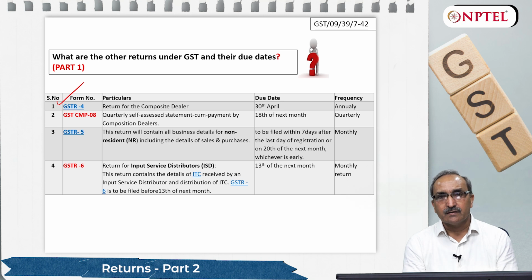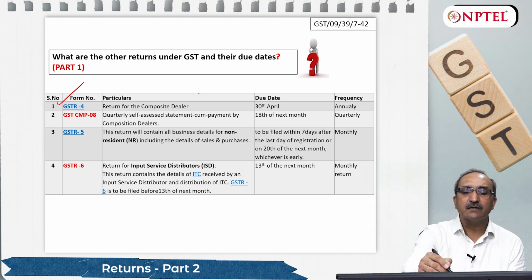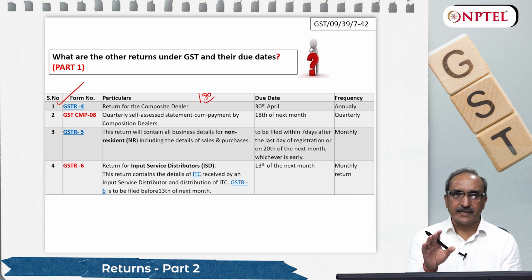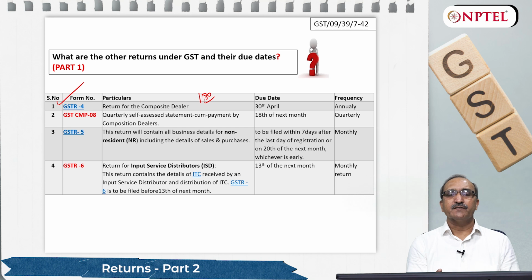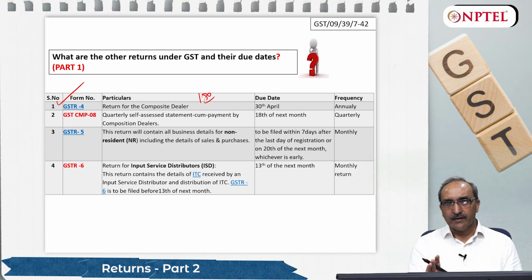If you remember, during the recession presentation we talked about this: a person having turnover up to 1.5 crore if he is a dealer of goods only, and in services the limit is 50 lakh rupees, can opt for this composite scheme, wherein he will not charge tax to his customer, but on his total sale he will pay 1%, 2% or 5%, as the case may be, to GST authorities.